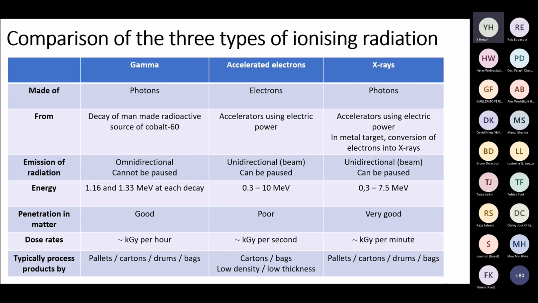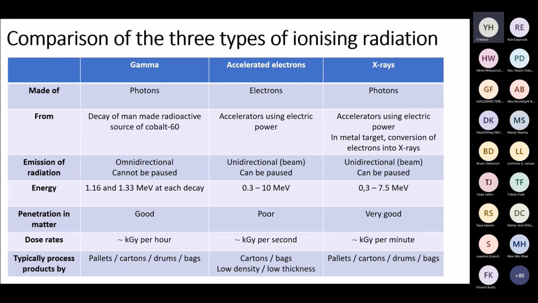Finally, X-rays. They are produced also by accelerators, where the electrons go through a metal target and become photons, and being photons, they have a very good penetration and can also treat products by full pallets.